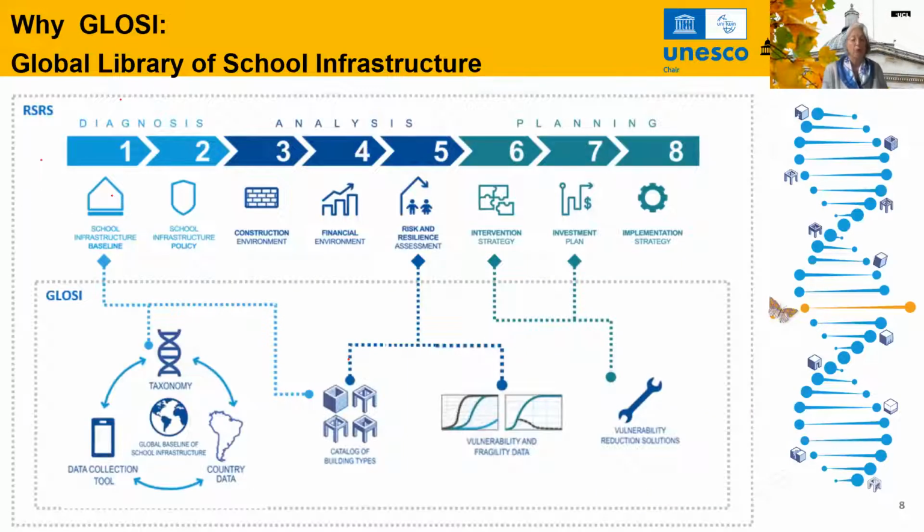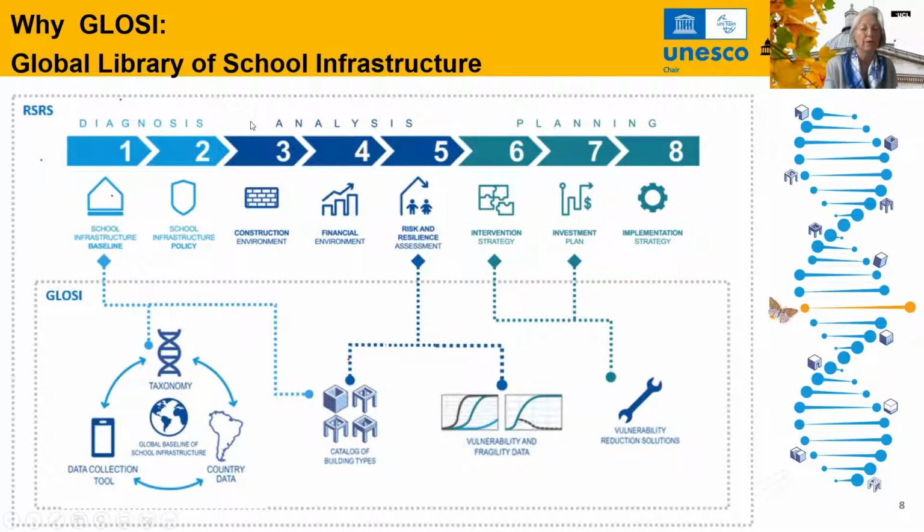How do we do that, and why have we chosen GLOSI? When we want to determine a plan of retrofitting and improvement, we need to start from the diagnosis, having a good idea of what the school infrastructure's baseline in a country is and what the policies are to maintain and improve that infrastructure. We need to understand what we call the construction environment, the financial environment, and the risk and resilience assessment.